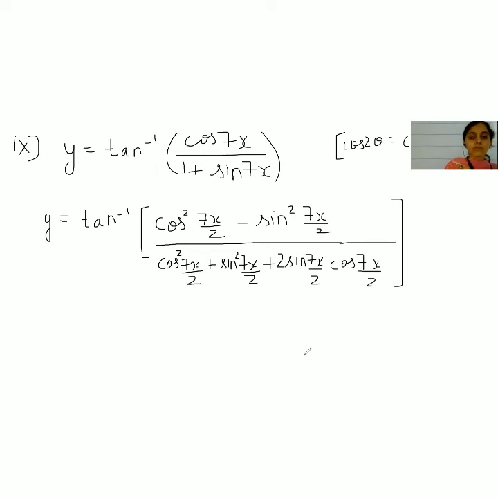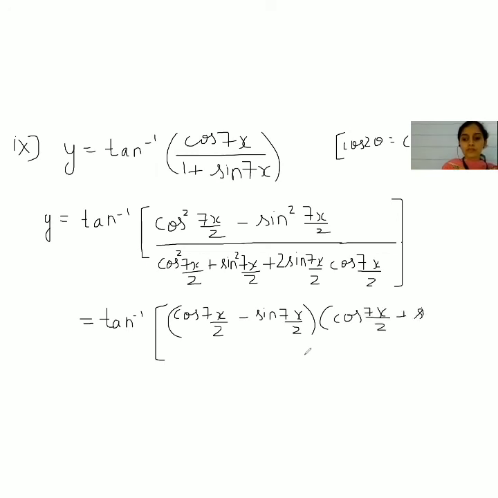So what can we observe in the denominator is a square plus b square plus 2ab, right? So I can write tan inverse as cos square 7x by 2 minus sin square 7x by 2 will be written as cos of 7x by 2 minus sin of 7x by 2. Okay, one bracket. Second bracket, cos of 7x by 2 plus sin of 7x by 2, right?